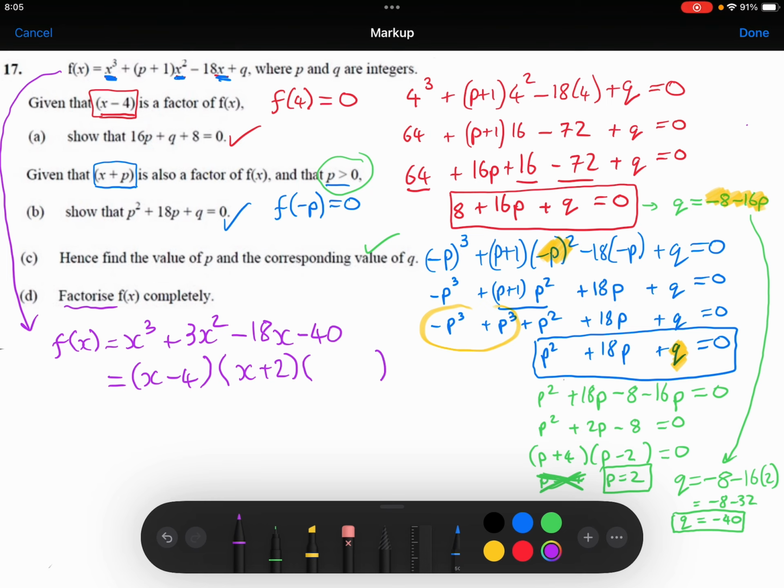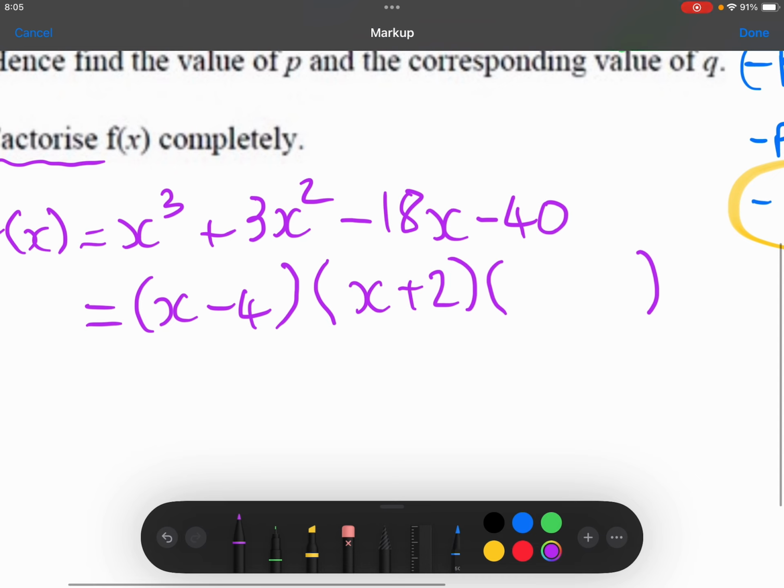Now, we could do some algebraic division if we wanted to, or we could just look at this really carefully. We've got x times something, which is going to give us the x cubed. That's just going to need to be a single x. X times x is x cubed.